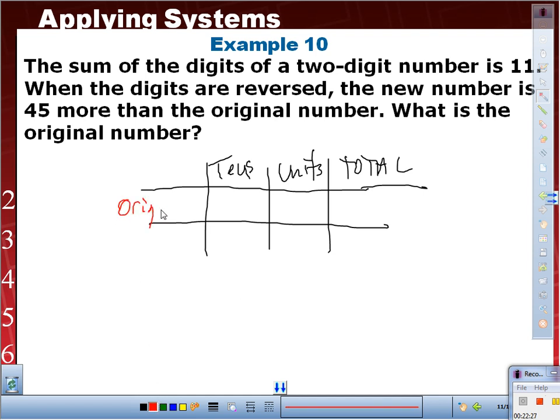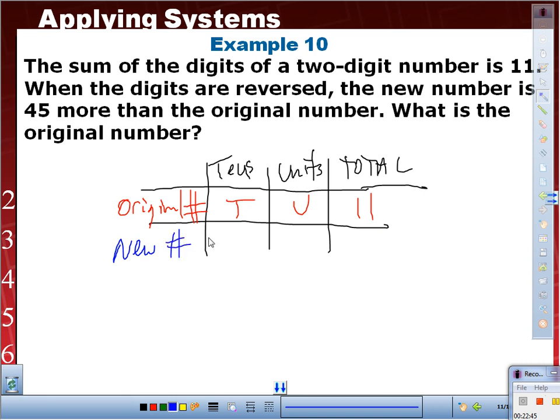Here's the original. Tell me what you write for the original number, please. T, U, 11. Okay.